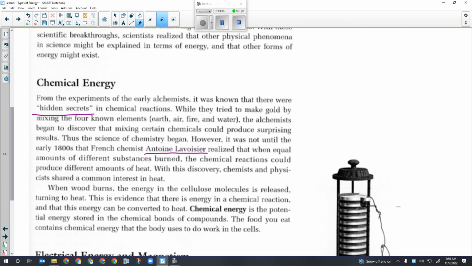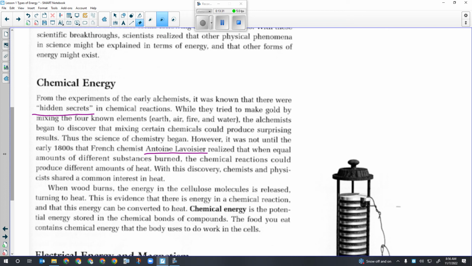So that would imply that they had something stored, a hidden secret, inside. But some of them had more hidden secrets than others because they could change the energy more. So that form of energy is what we call chemical energy because it's releasing the potential energy stored in the chemical bonds of that material.